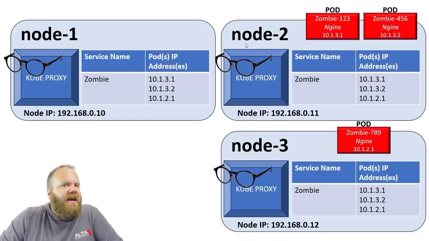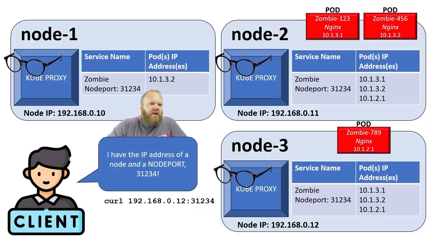So if we have an idea of how ClusterIP services work, let's take a step up now to a NodePort service. Now, what you'll see here is that our tables have changed somewhat. Our zombie services are no longer ClusterIP services, they are NodePort services, which means they have a node port.